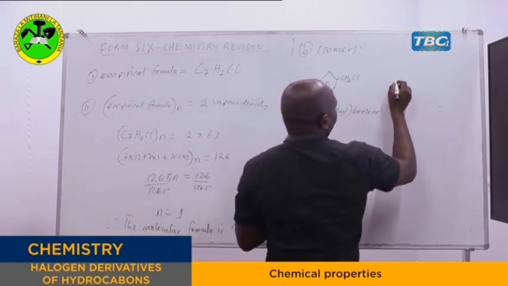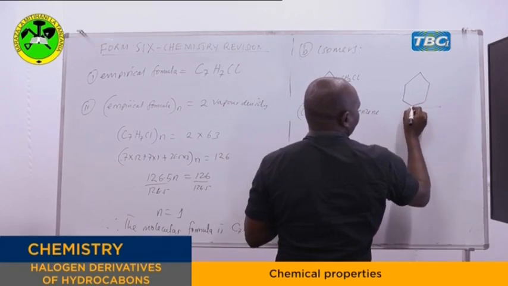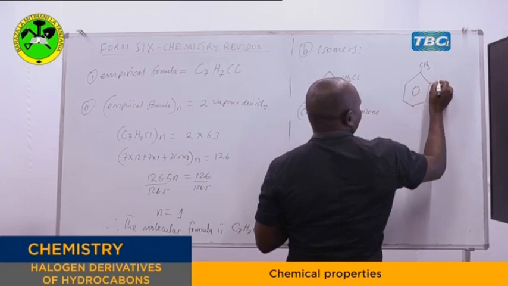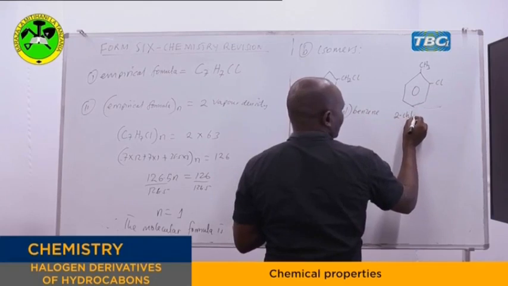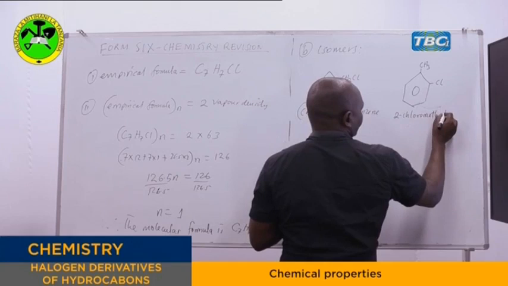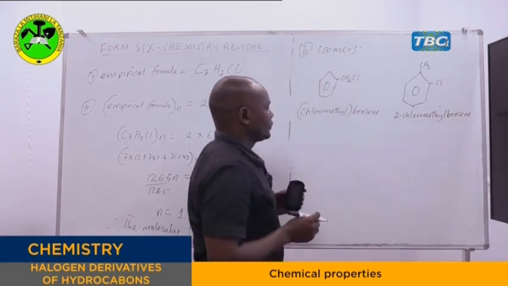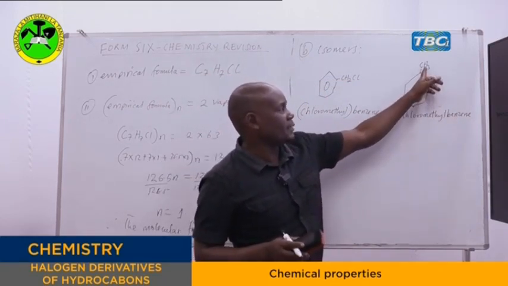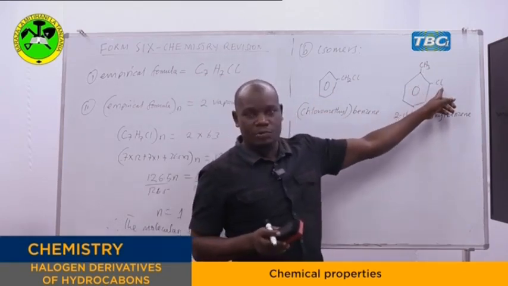Now the second isomer can be this one, which is known as 2-chloromethyl benzene. So this is 2-chloromethyl benzene, and there are 7 carbon atoms, 7 hydrogen atoms, and 1 chlorine atom.